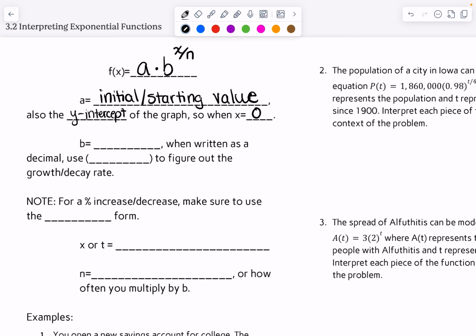The b is also known as the base of our function, and when it's written as a decimal, we used 1 plus the growth or decay rate, 1 plus r, to figure out what that growth or decay rate is. So remember that R was the growth or decay rate.